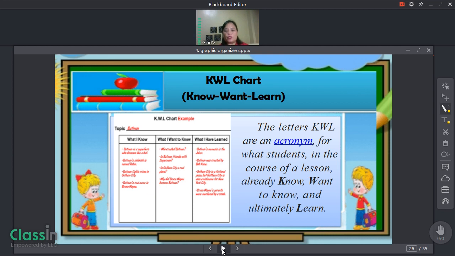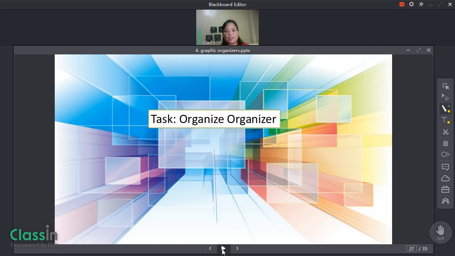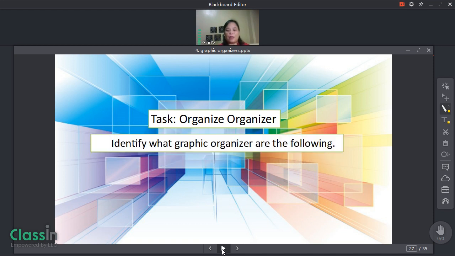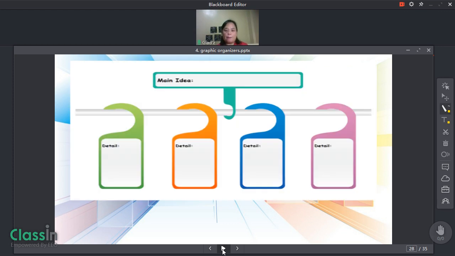So for sure, you are now familiar with the advanced organizers and the graphic organizers. So let's have this task. It is called Organize Organizers. What you are going to do is identify what graphic organizers the following are. This one, can you identify it?